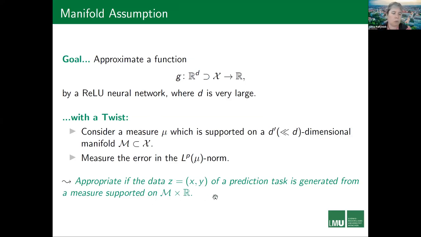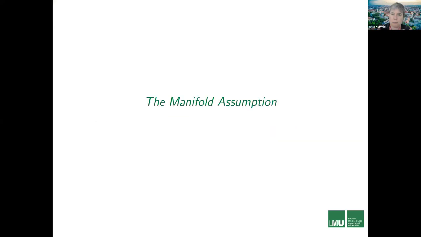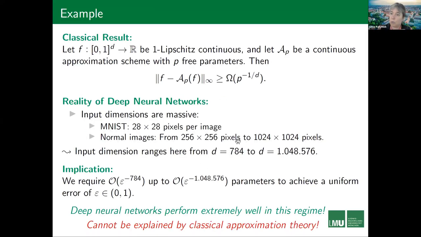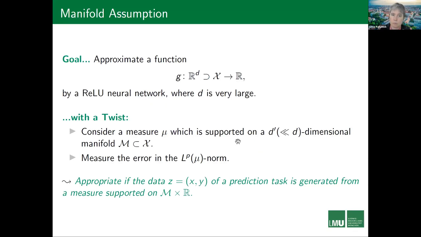And as we also said, in imaging sciences, you usually assume that natural images, or in particular this MNIST database of handwritten digits, are on some much lower dimensional manifold, as this would indicate. Okay, so how can we approximate this with a neural network?